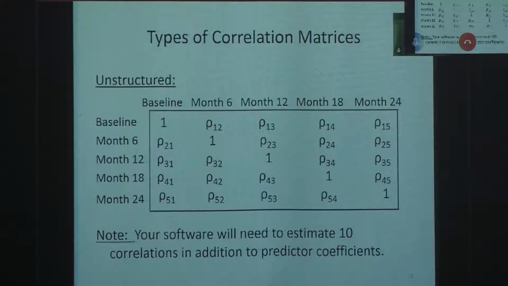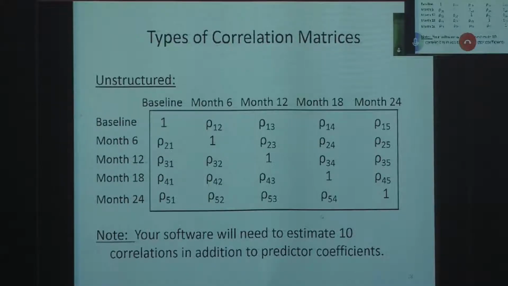But if you say unstructured, your program will need to estimate the correlation between baseline and 6 months, between baseline and 12 months, baseline and 18, baseline and 24, and all the rest of these numbers. It will need to estimate 10 correlations before it can give you the beta for time and the beta for gender.